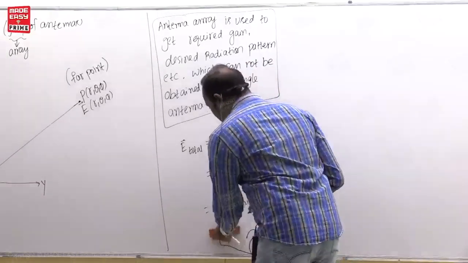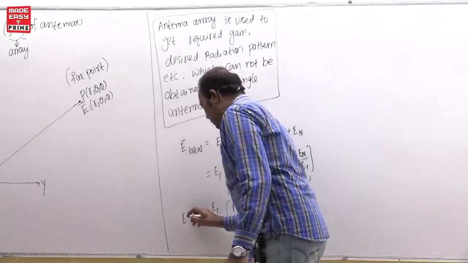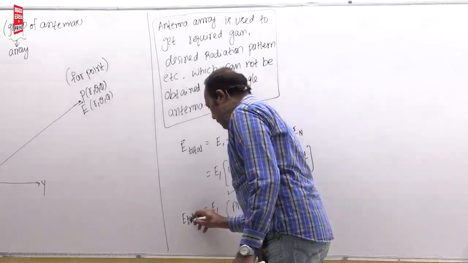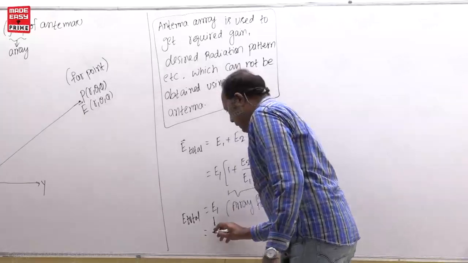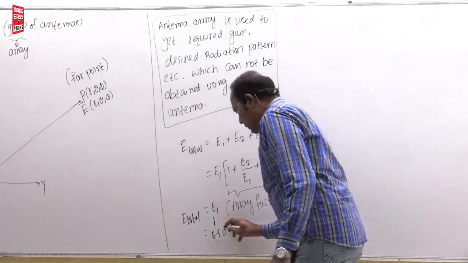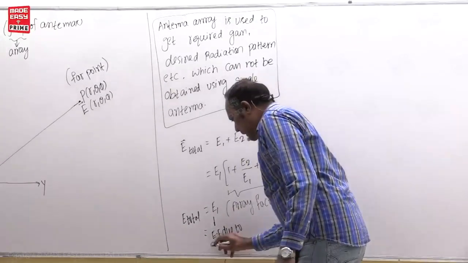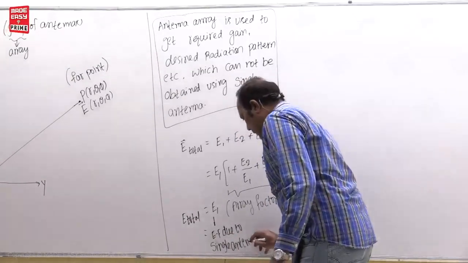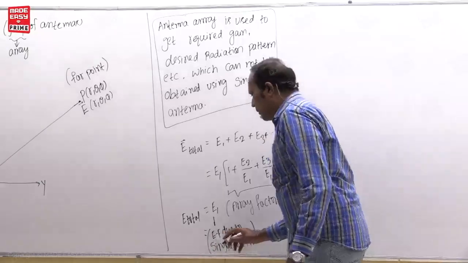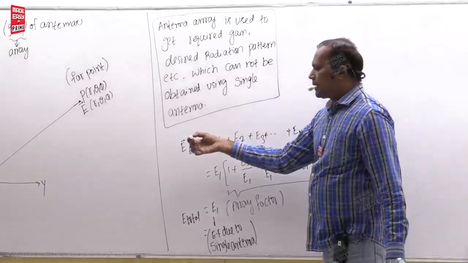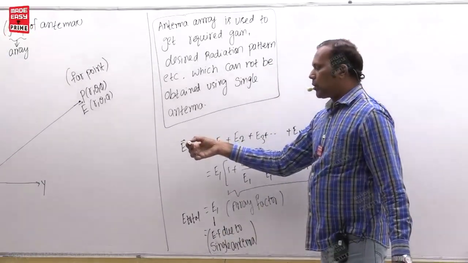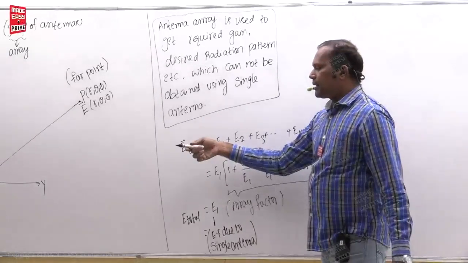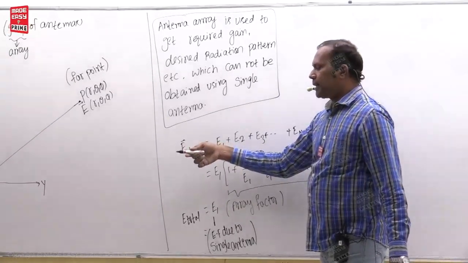That means total electric field is equal to this one, electric field due to a single antenna, times the array factor. That you can't change. For example, if the antenna is like this, then that electric field is proportional to cos theta, because horizontal antenna.